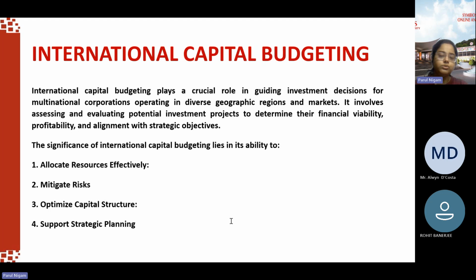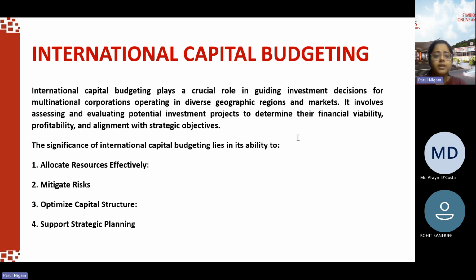We have to use all the tools given in capital budgeting, like identifying your cost of capital, weighted average cost of capital, debt, payback period, and average rate of return. We have to use those tools to identify which project is the best one.